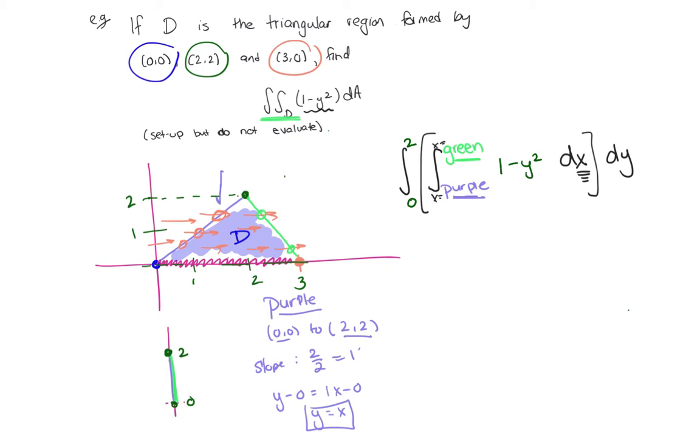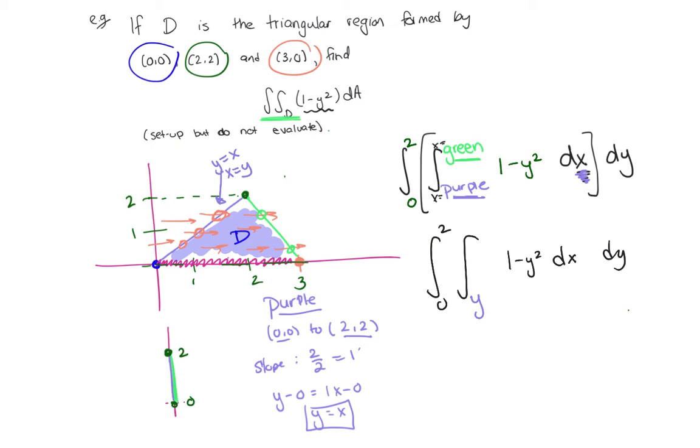So the purple equation is y equals x. I'm doing a dx integral, so I need x first. So I'll think of it as x equals y. Let's rewrite everything we have from above, and I just found that the purple equation was x equals y, so I'll put the y down there.